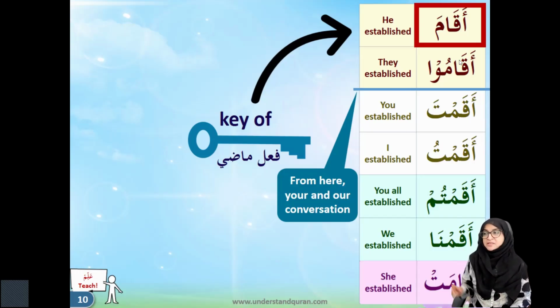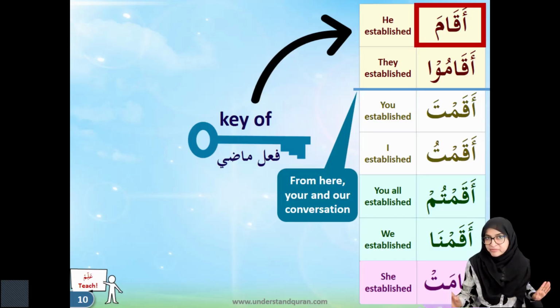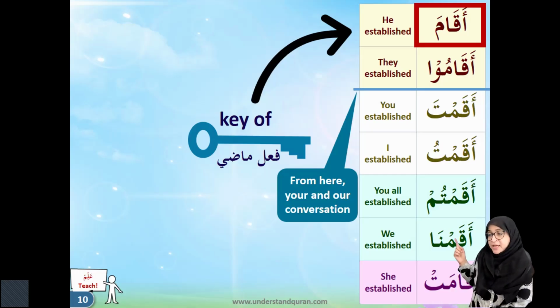So let's practice this. Aqama, aqamu. Now, aqamta, you established. Aqamtu, I established. Aqamtum, you all established. Aqamna, we all established. And aqamat, she established. So it's very easy. Let's practice. He established, aqama. They established, aqamu.